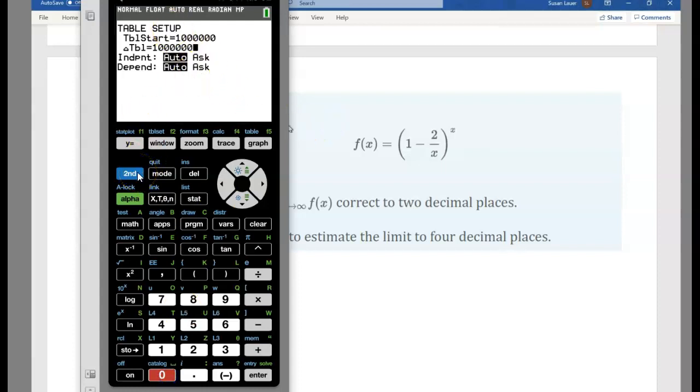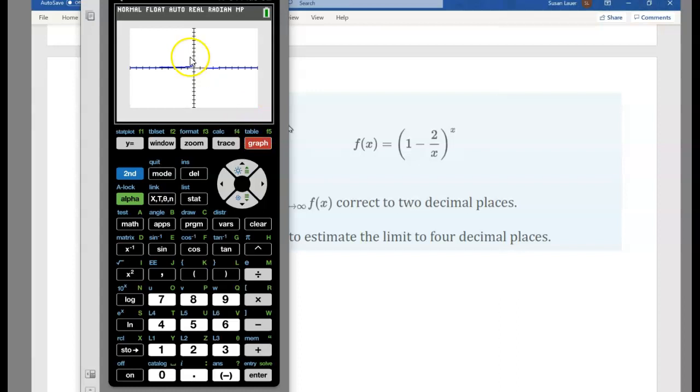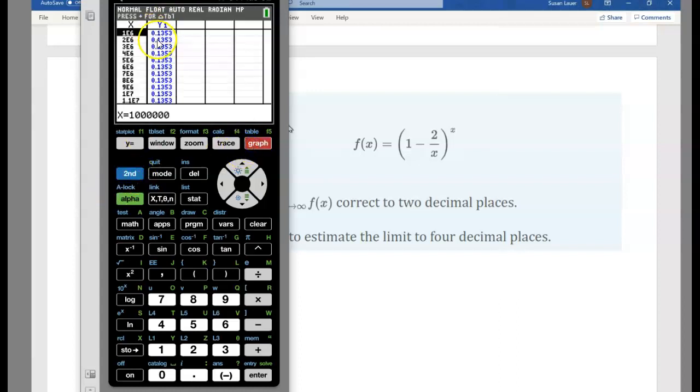So when I look at my x values, I see that my x values are 1 times 10 to the 6, which is 1,000,000, all the way up. And this isn't changing. So as x goes to infinity, it's looking like the answer is 0.1353.